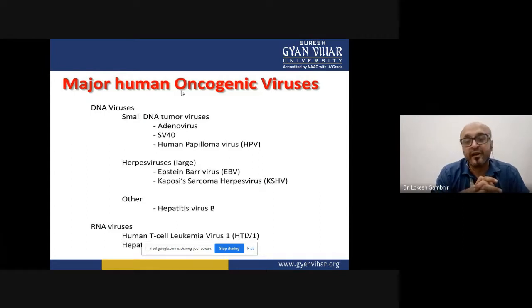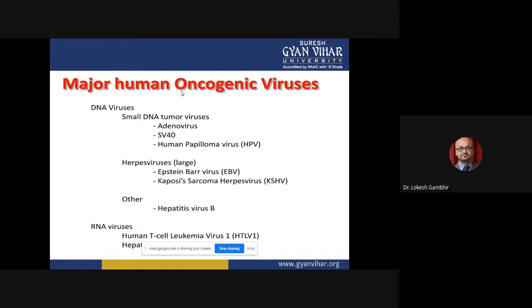Then SV40 and adenovirus; these three viruses have been known to induce tumors. When we talk about large viruses like the herpes virus, which induces Kaposi sarcoma, as well as the Epstein-Barr virus. HIV cases have also been the classical condition in which Kaposi sarcoma appears. Then other viruses like hepatitis B virus are also known to induce cancer.